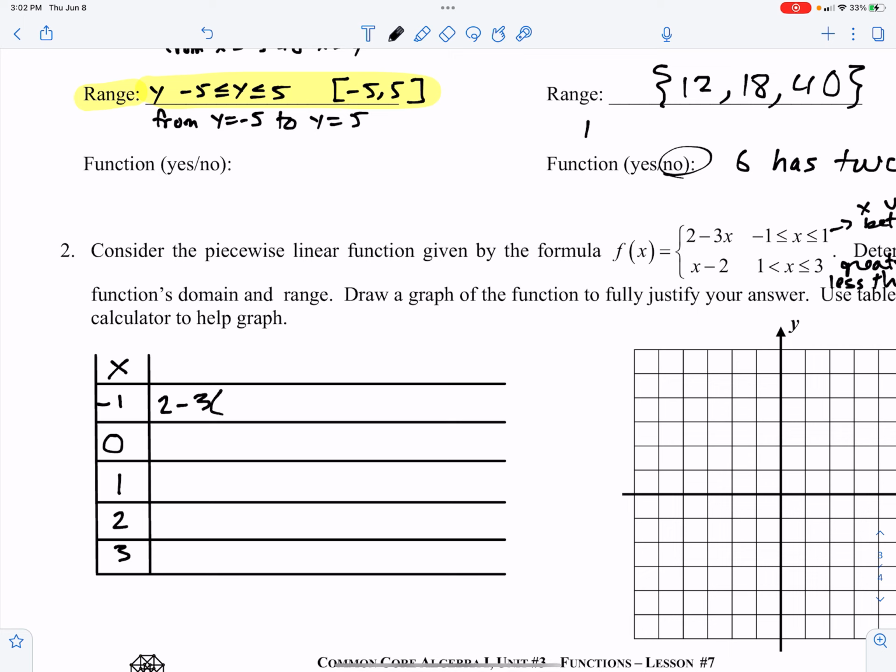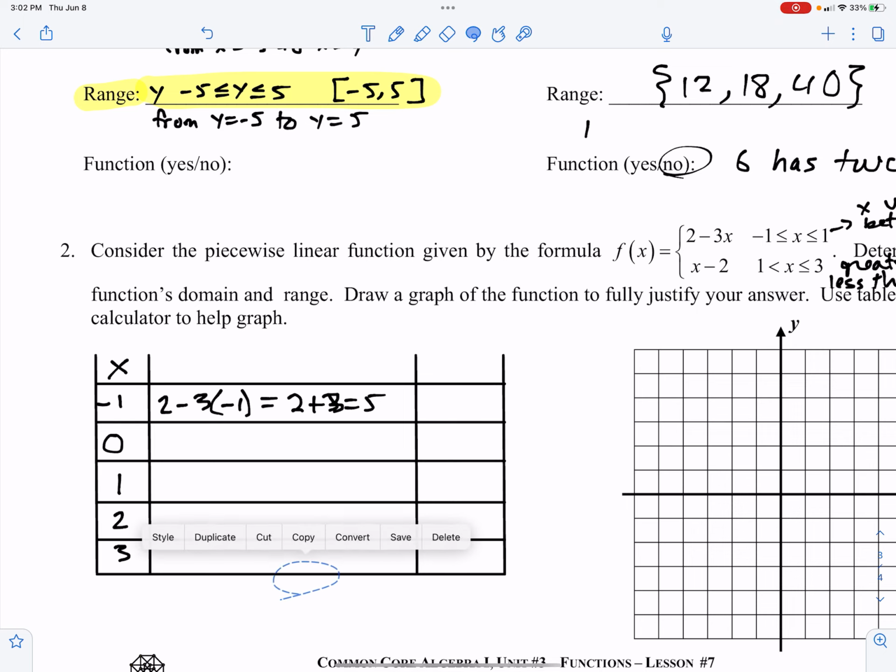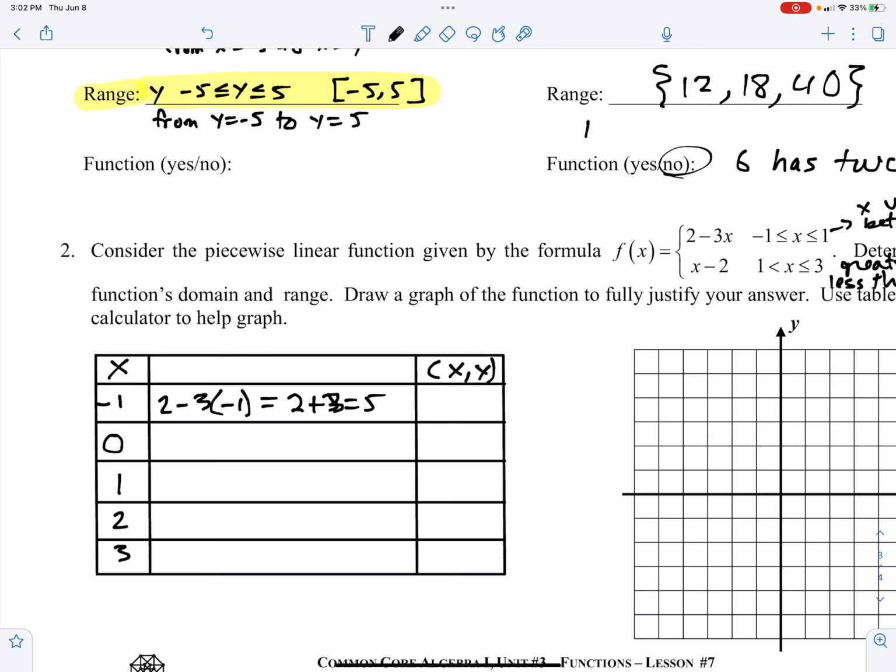So 2 minus 3 times negative 1 is the same as 2 plus 3, which is 5. This is our xy coordinate pair. So this first one would be negative 1, 5.